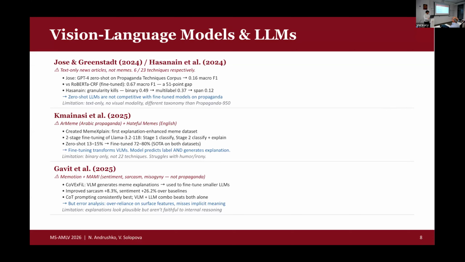They tested the GPT-4 model on news articles, specifically for propaganda techniques, and they found out that zero-shot models perform terribly. They have only 16% macro F1. This is not acceptable. By comparison, a fine-tuned RoBERTa-style model had roughly 70% of the same metric. So there is a huge gap.